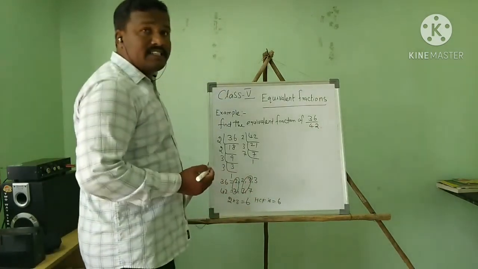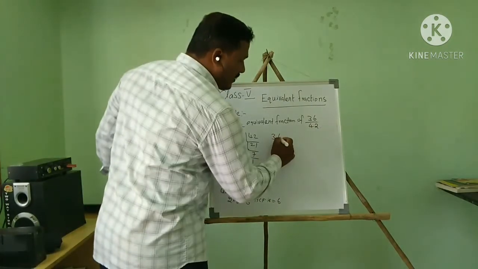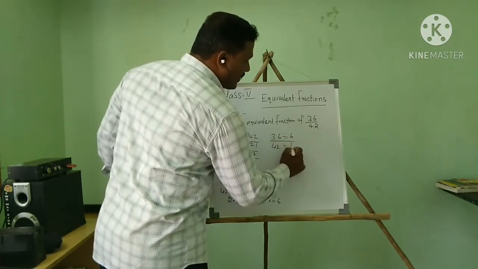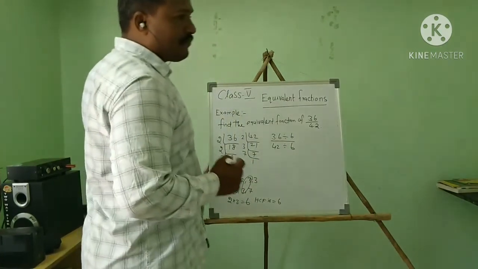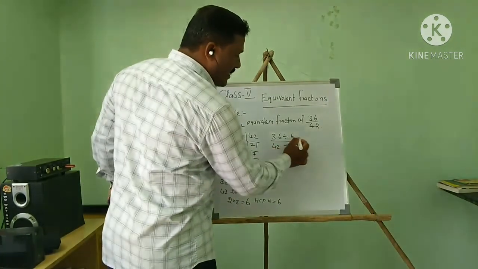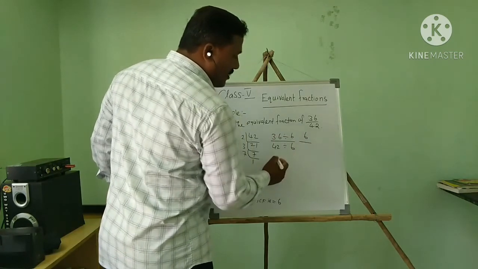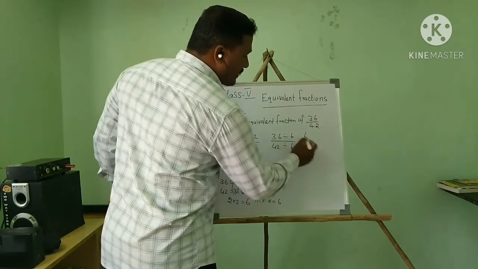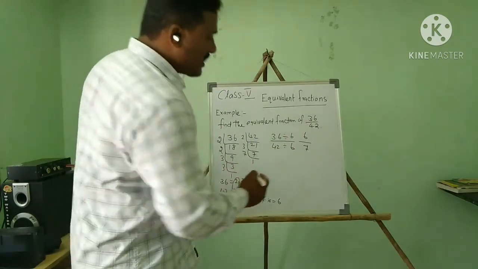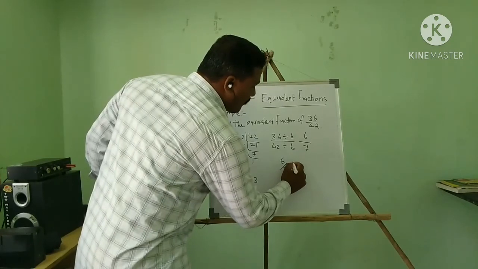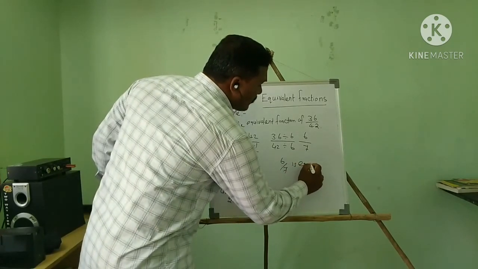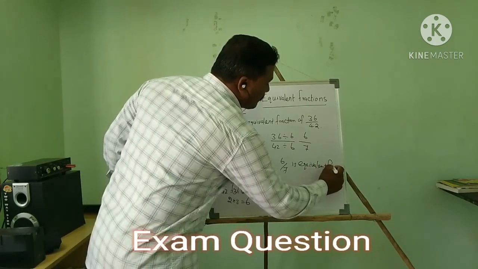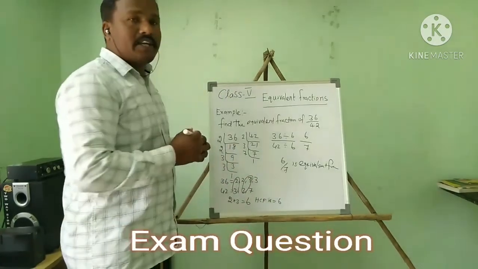Now we divide the given fraction by it. 36 divided by 6 is 6, 42 divided by 6 is 7. 6 7s are 42, 6 6s are 36. So 6 by 7 is the equivalent fraction.